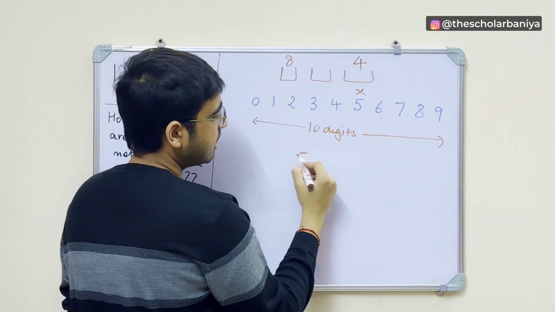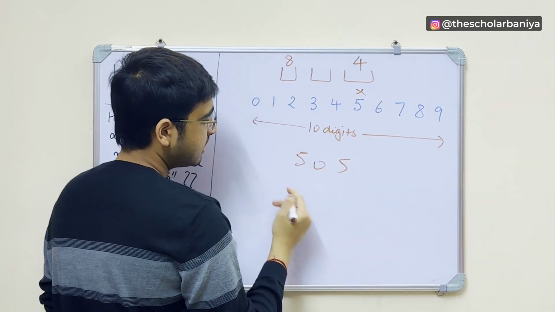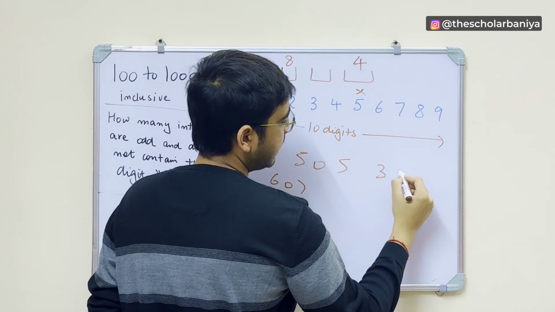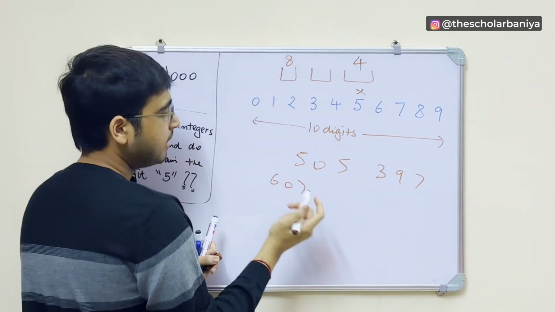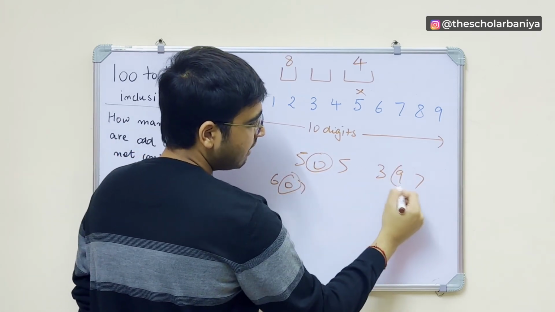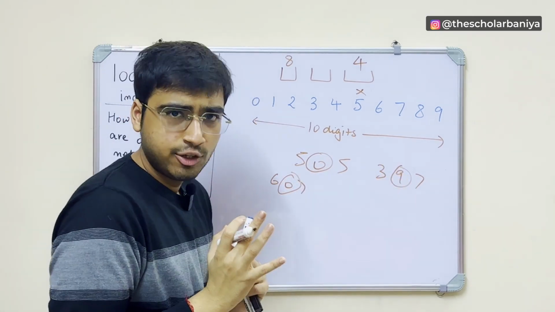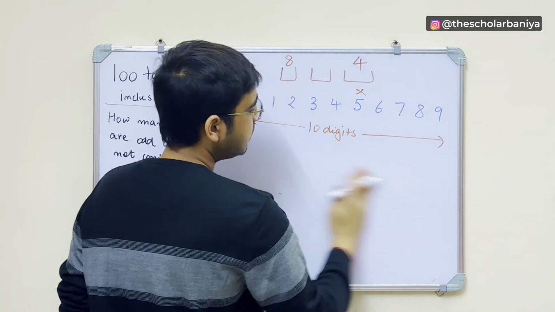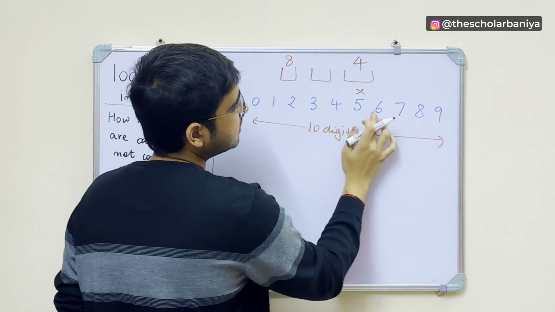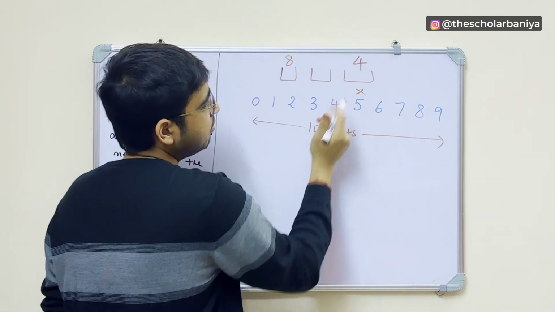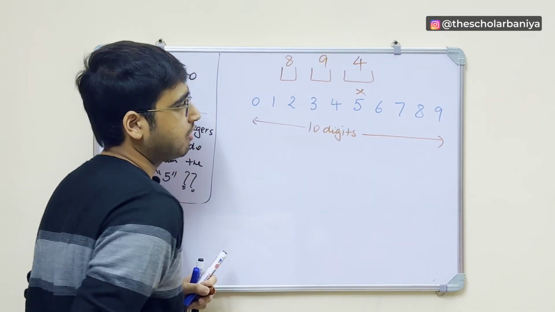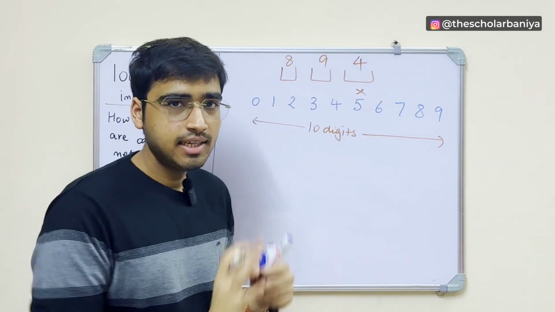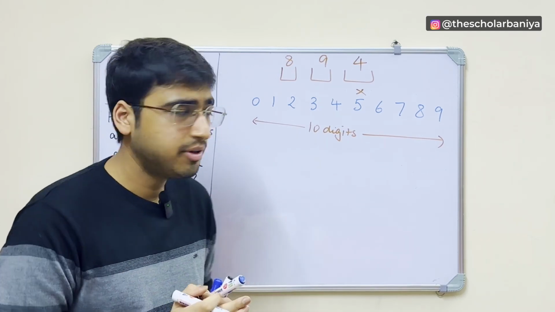For example, a number like 505, 607, or 397. In the middle digit, we can have any possible number and it should be completely fine. So there will be a total of 9 options over here, except for 5, because we cannot have 5 in the entire integer. I hope this is pretty clear.